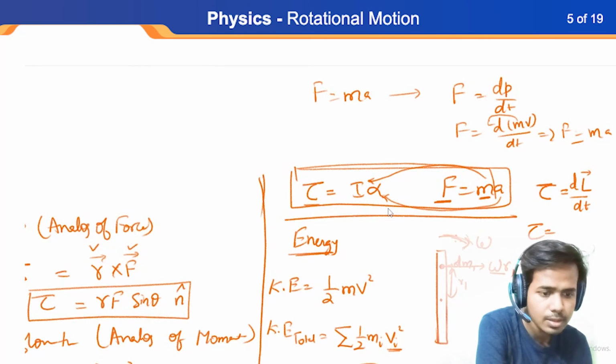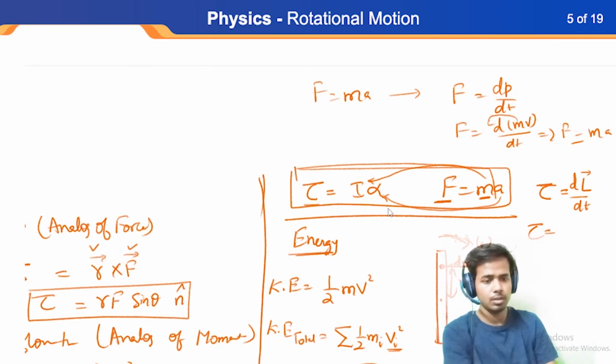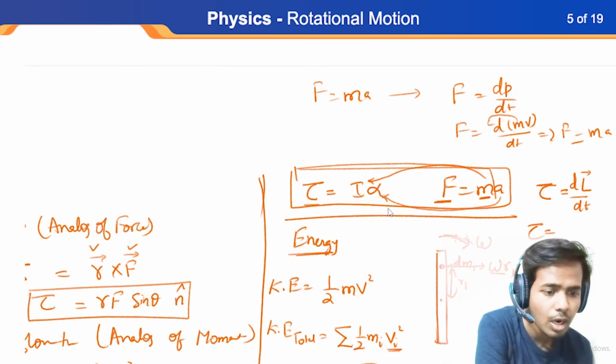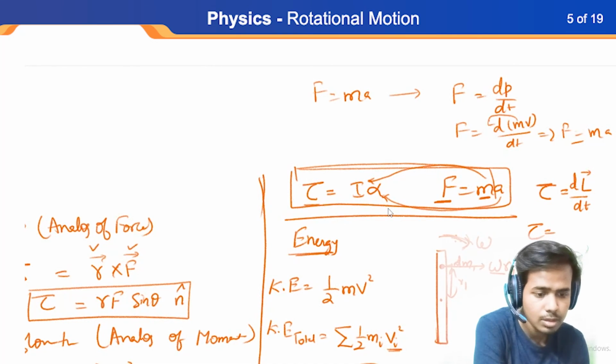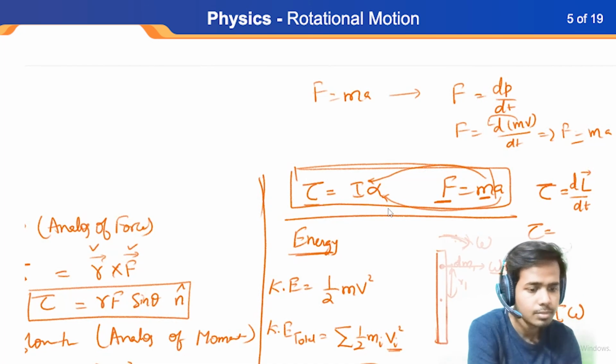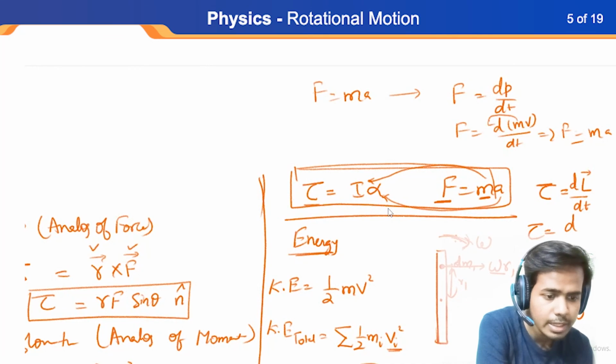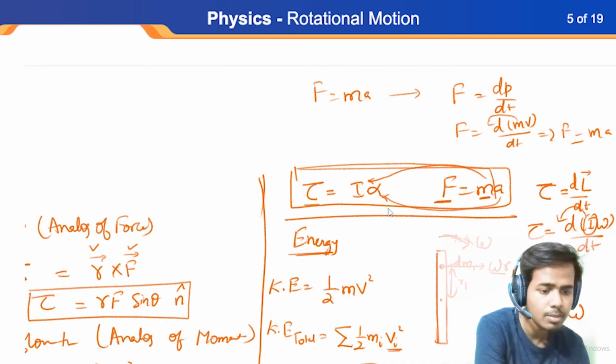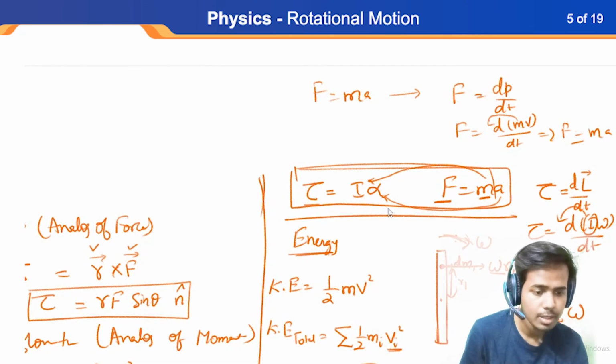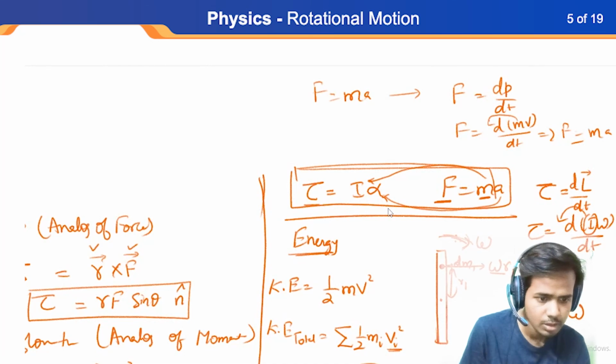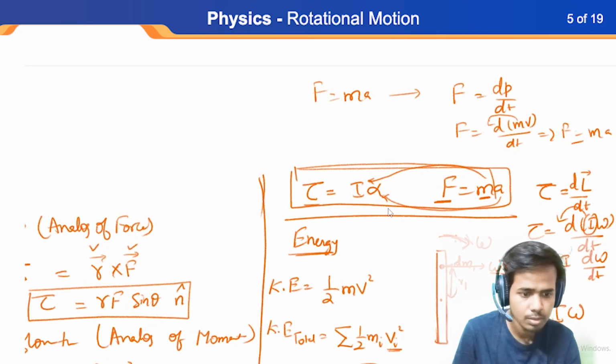How do we define angular momentum? It is nothing but I omega. So d(I omega) by dt, and since I, the moment of inertia, is going to be constant, the analog of mass, I comes out, and this is d omega by dt.